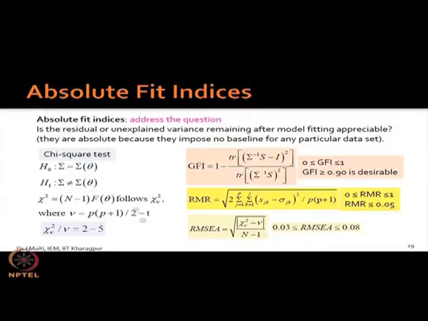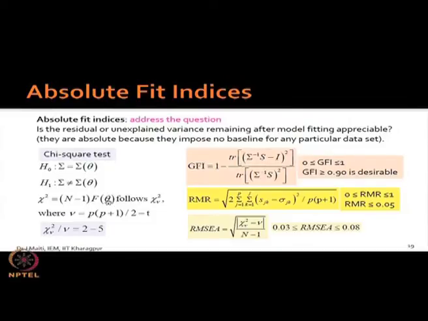Okay. And you will find that the chi-square value you get should be as small as possible, because for a perfect fit F theta will be 0, then n minus 1 into F theta will be 0. So, 0 is the ideal value, but equally it all depends on the sample size also, n minus 1.